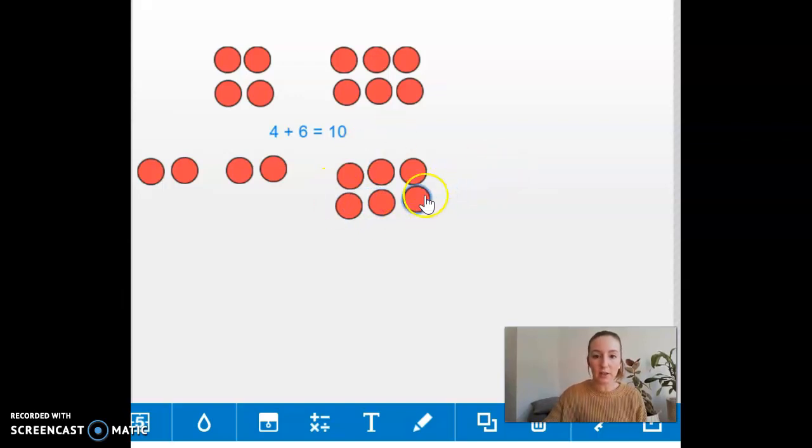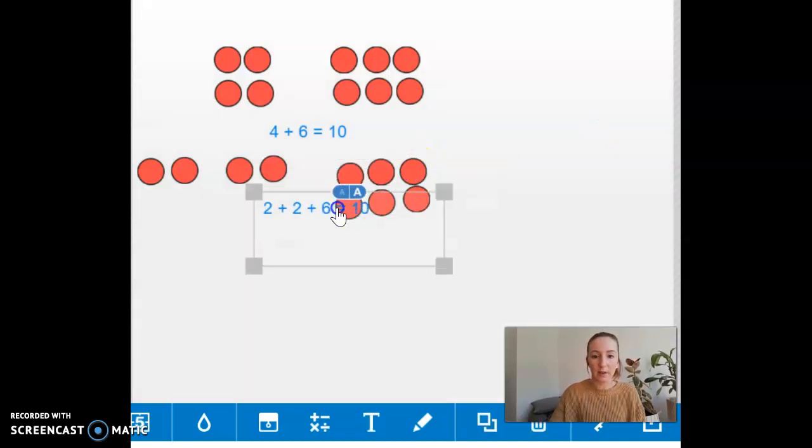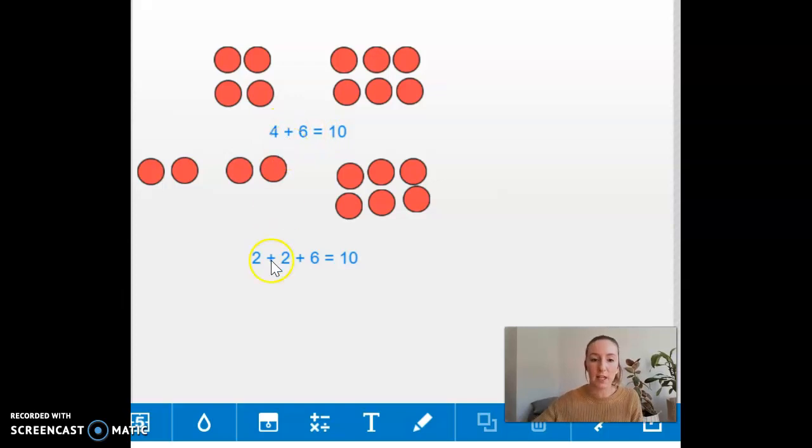I've still got 6 over here, but I've got 2 plus 2 plus 6, and it still equals 10. So it's still like using my friends of 10, but I know that 2 and 2 is 4 and plus 6 equals 10. Or what I could do is I could break 6 up, couldn't I?